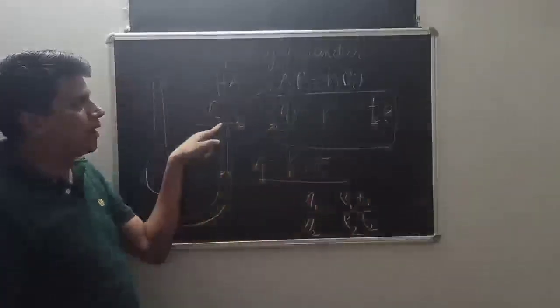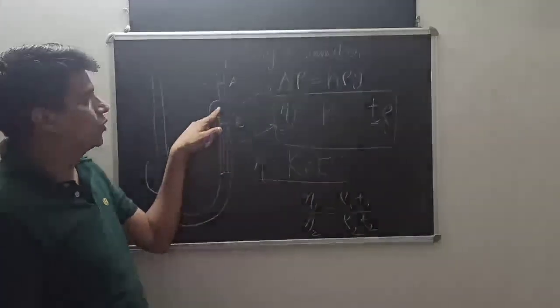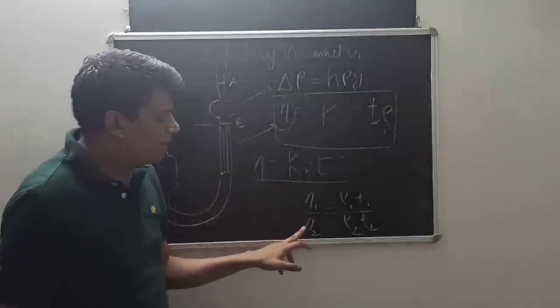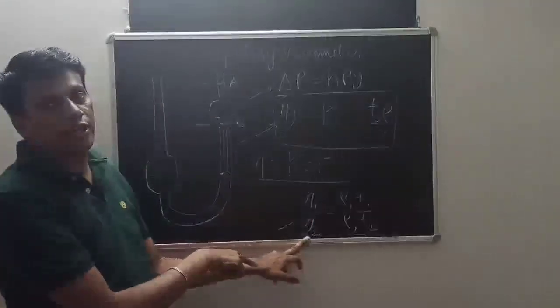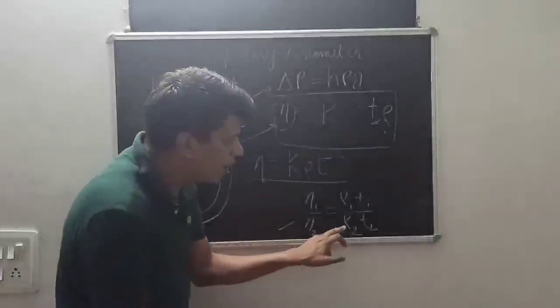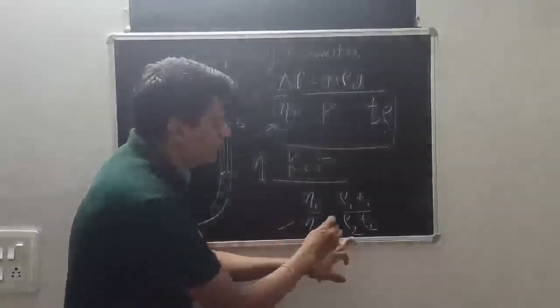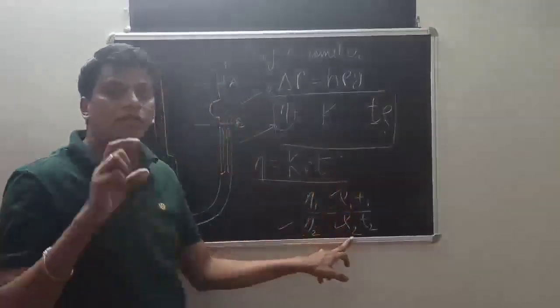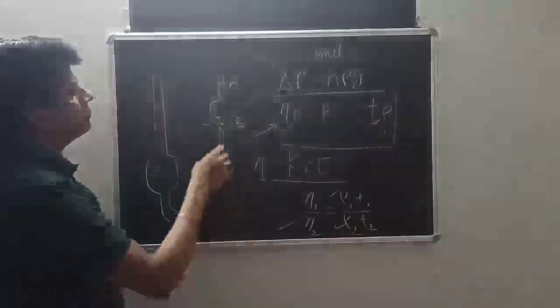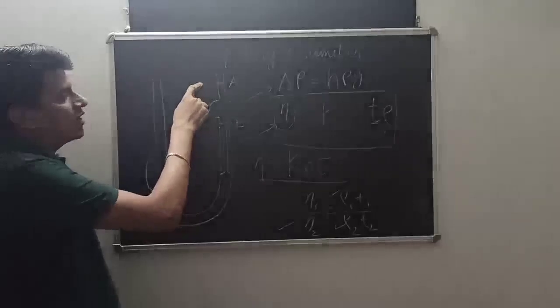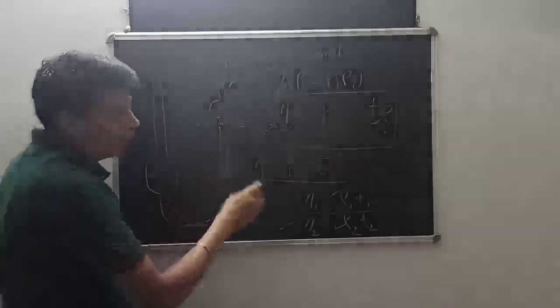T1 is the time taken by the first liquid to move from point A to B. Whereas eta2, which is known to us, is the viscosity of the standard liquid. Rho2 is its density. These both can be determined using specific gravity bottles. And T2 is the time taken by the second or standard liquid to move from point A to point B.